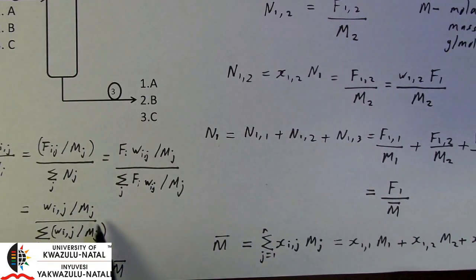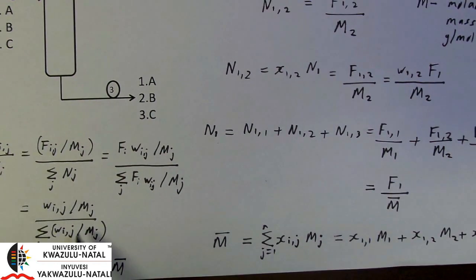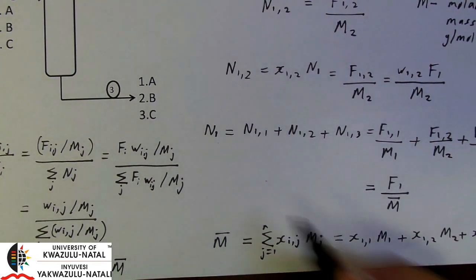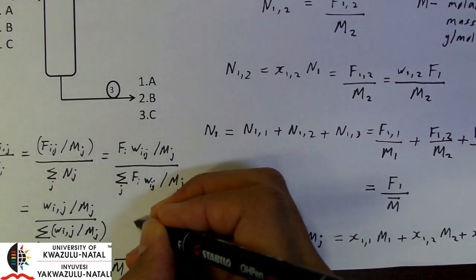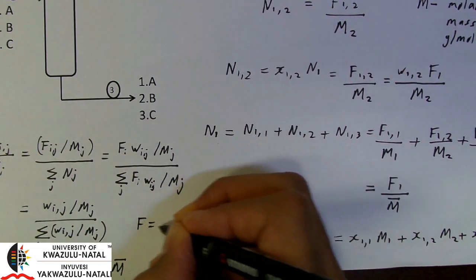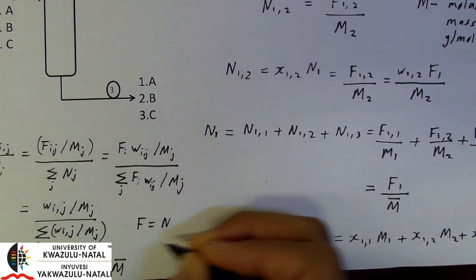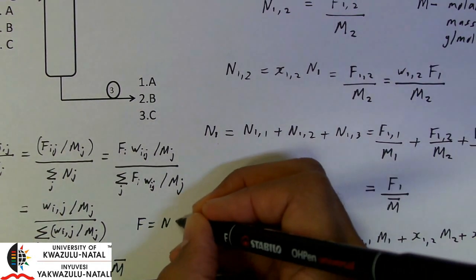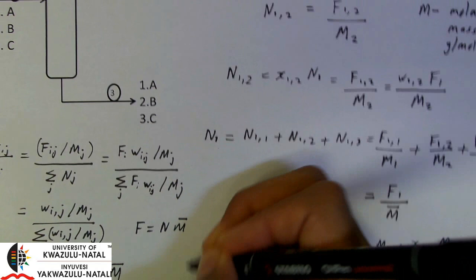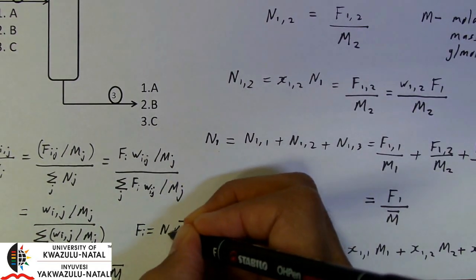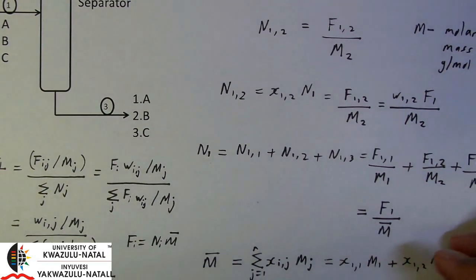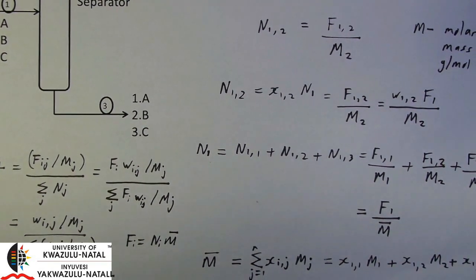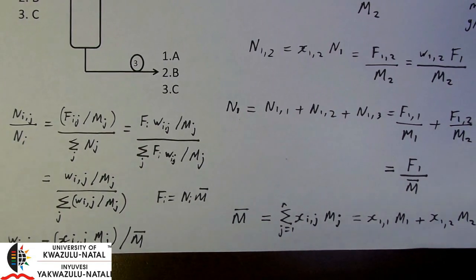Now I've gotten from this relationship to this relationship using the relationship that my mass flow rate is equal to my molar flow rate times the mole weighted average. That is everything there.